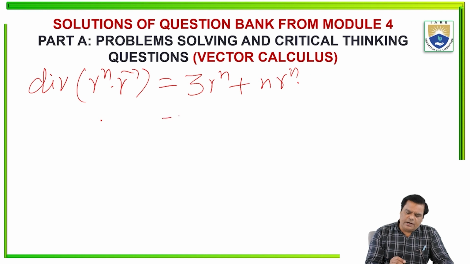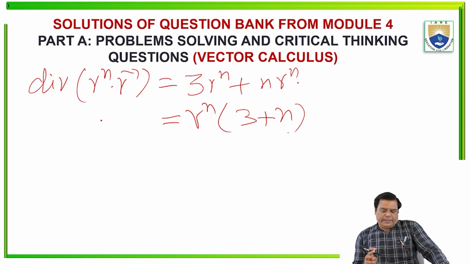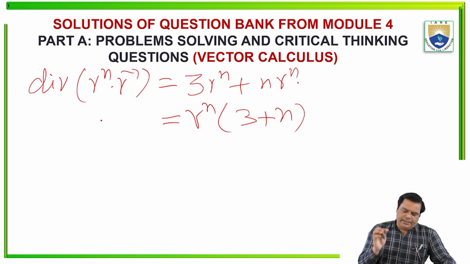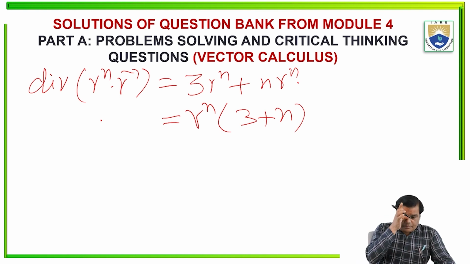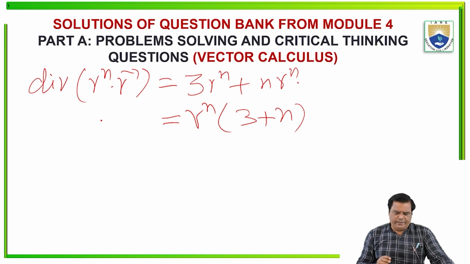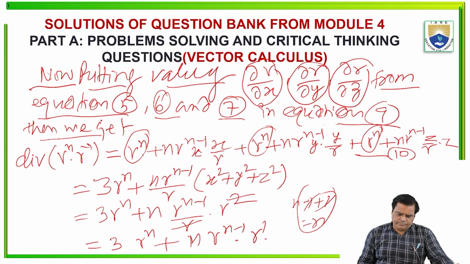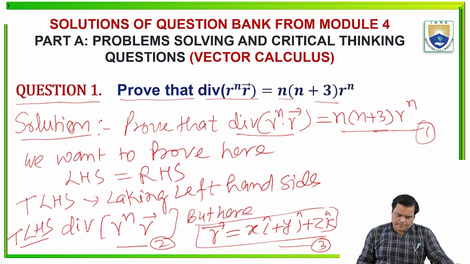Now rⁿ is common, so 3 plus n, and n into n plus 3 is coming. n into n plus 3 rⁿ.